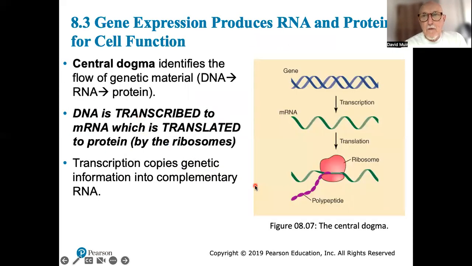Okay, so putting these all together, what we come up with is what is referred to as the central dogma. It's called the central dogma because it applies to all living things. Everything that is alive uses DNA as the basis for the functioning of the cell, because the DNA codes for everything that the cell needs to perform the functions of life.